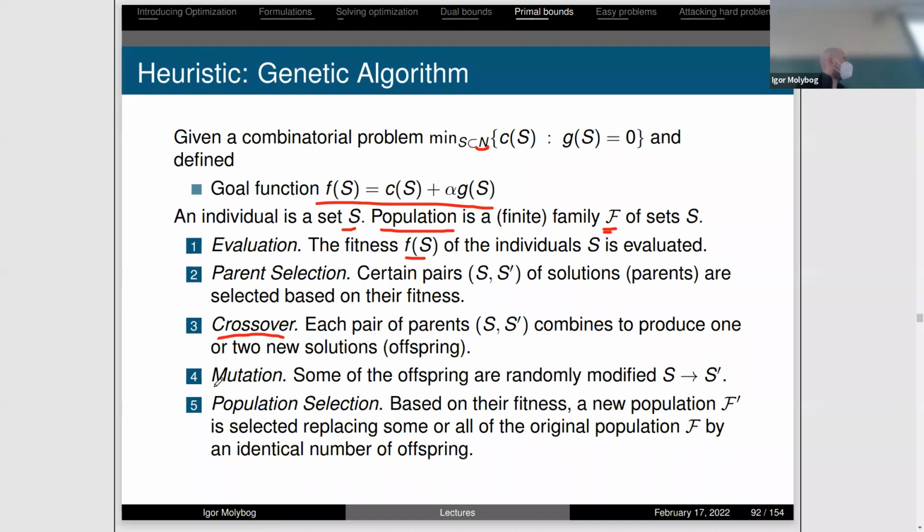And also all of the members of the population can potentially be mutated. So basically it's most likely a random modification of a member of a population for it to become a different member.